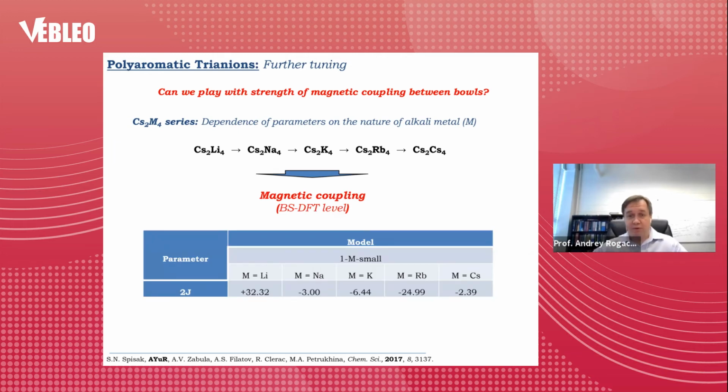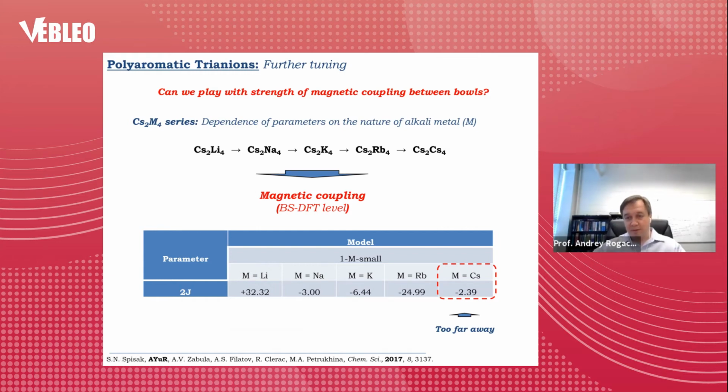And indeed, that's what we found. Here I've just shown the J coupling constant as a parameter we calculated as a measure of magnetic coupling. What we found is rather impressive. First of all, when we consider the smallest lithium cation, we see magnetic coupling. When you go to the other side of the series and go to cesium, we see almost no coupling, right?